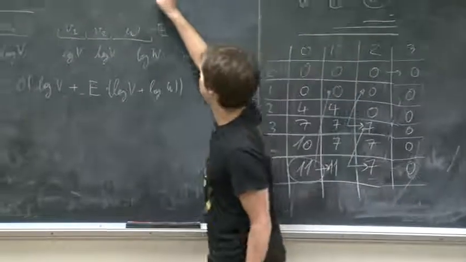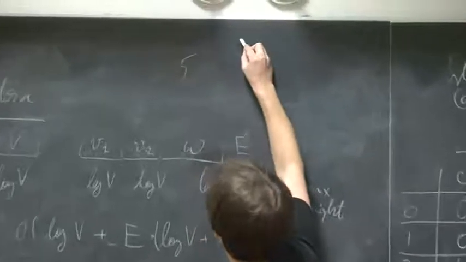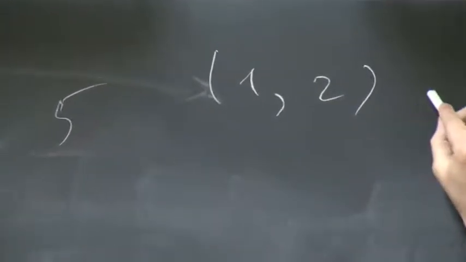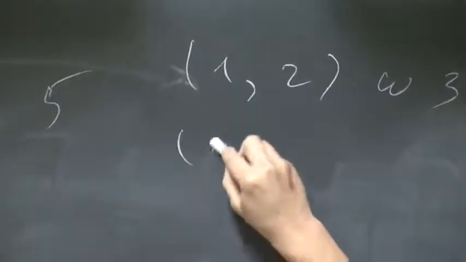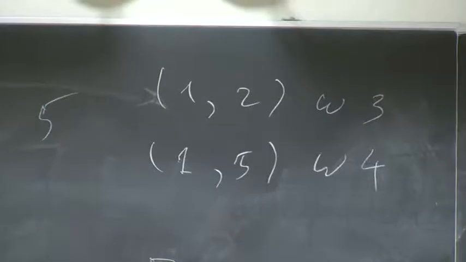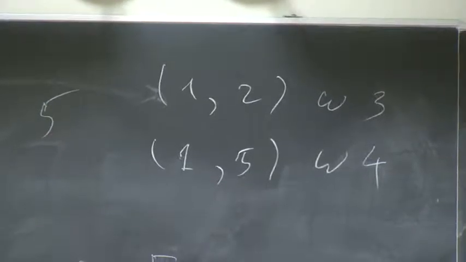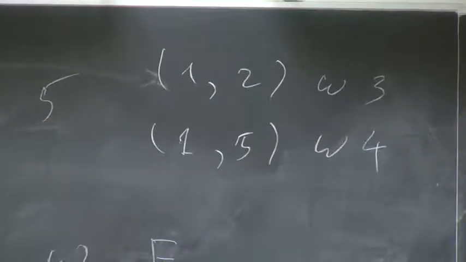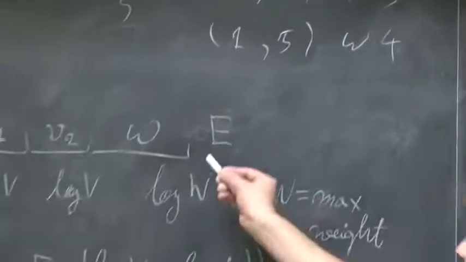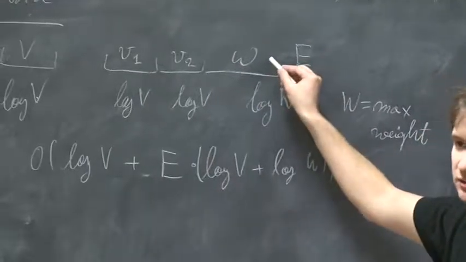So you have a graph that has 5 nodes, and then you have an edge that goes from 1 to 2, and then weight 3. An edge that goes from 1 to 5, weight 4. Well, do I need anything else for vertices? Not really, right? So V1, V2, W, these are the first edge.